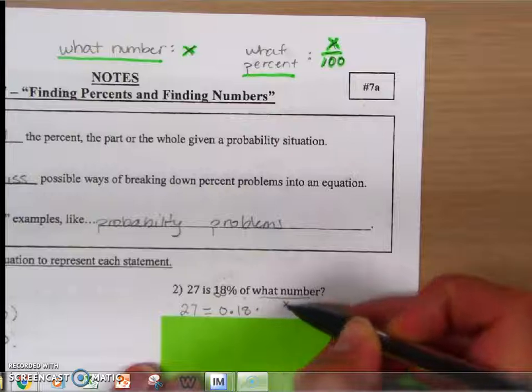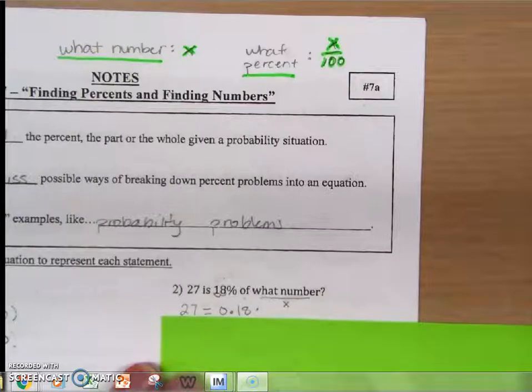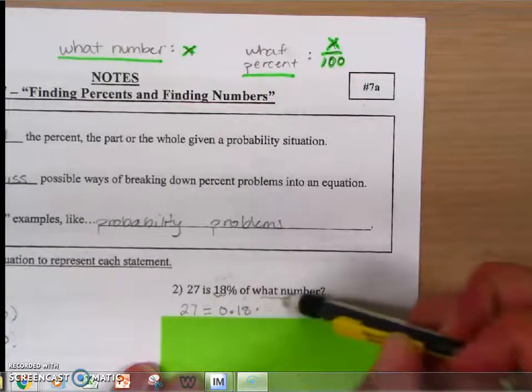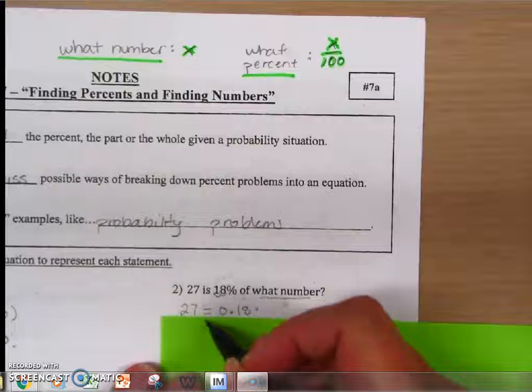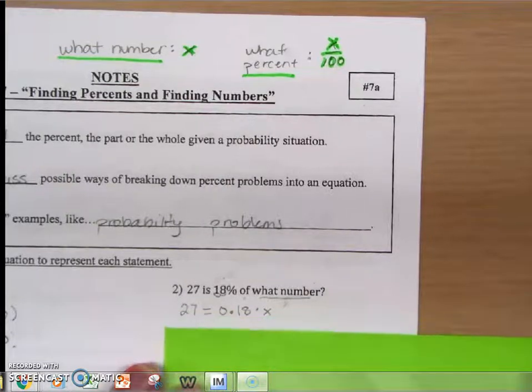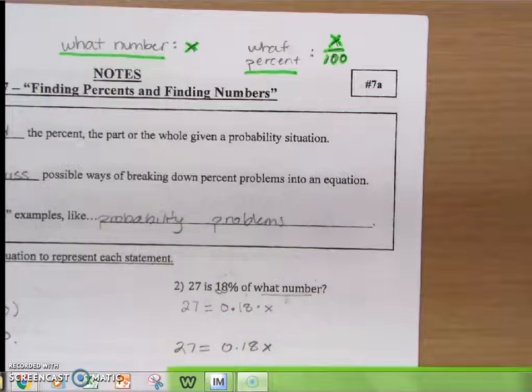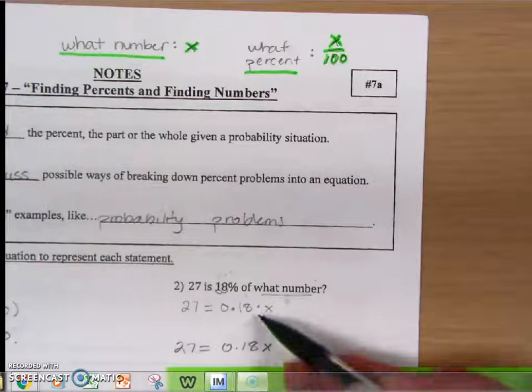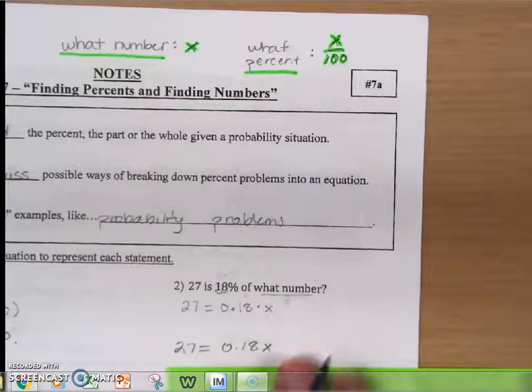That's what we don't know, so we're going to hold that spot with an X. I could either write 27 equals 0.18 times X, or we could write them just next to each other, where there is no dot. Since X is a variable, when it has a number attached to it, it already means multiplication. So that one doesn't need the parentheses or the dot. Just next to each other is fine.